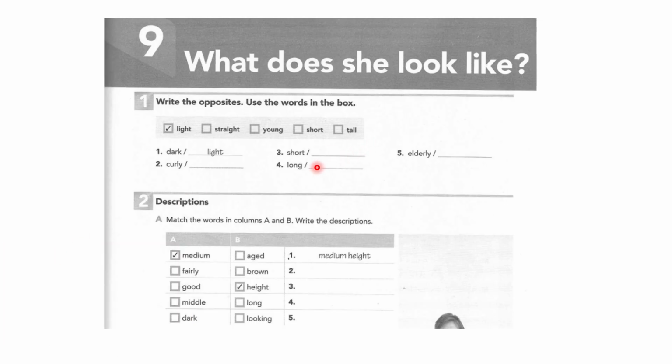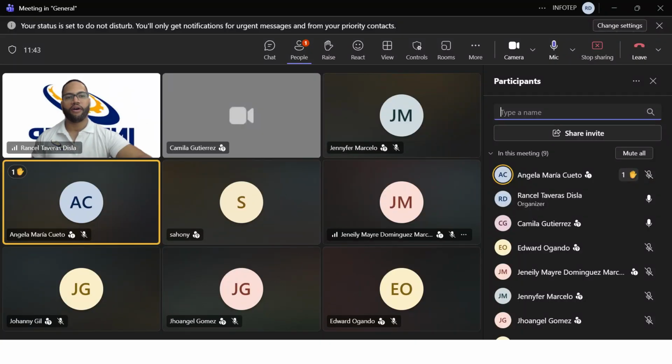When we're talking about height, we can use short if you are small, or we can use tall if you are big, right? But when we are talking about hair, we can use short.